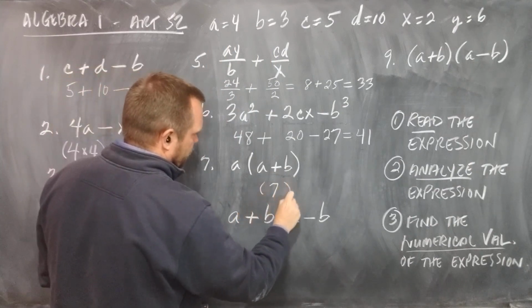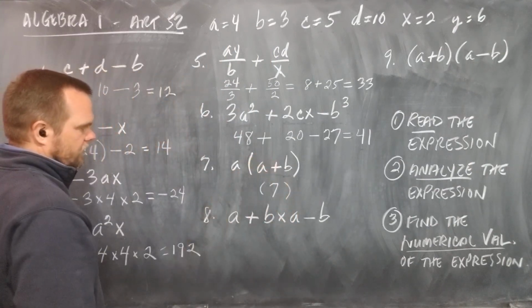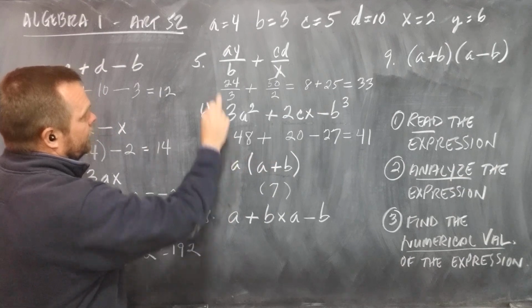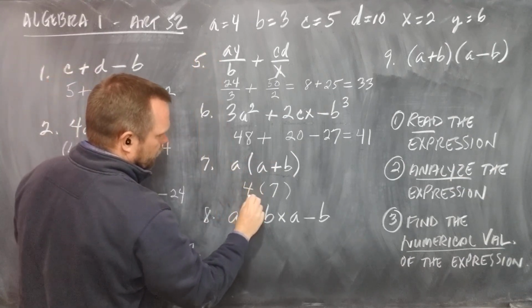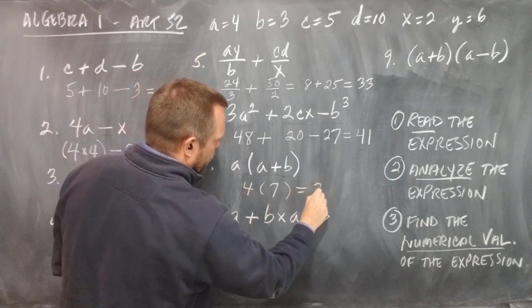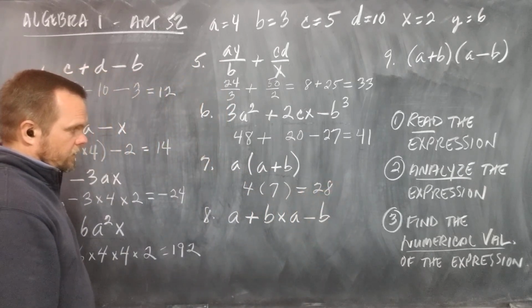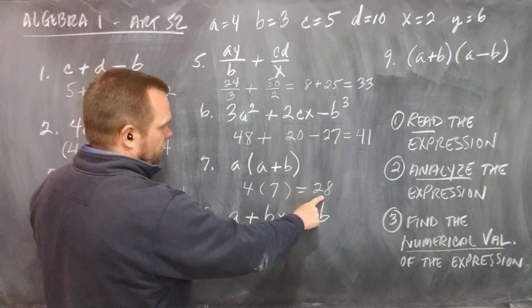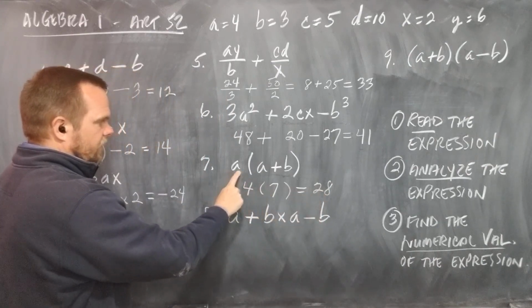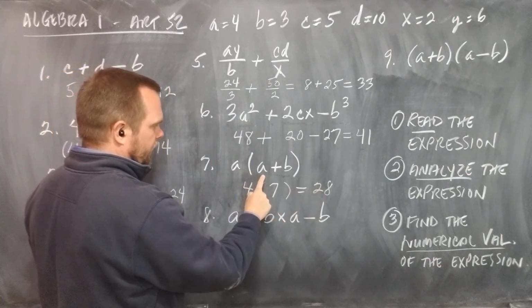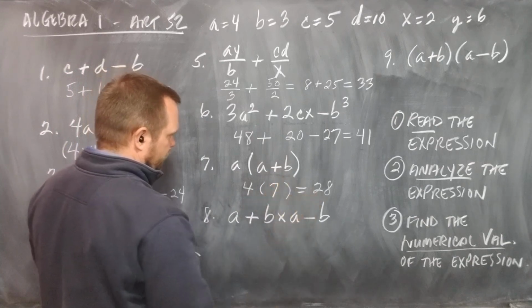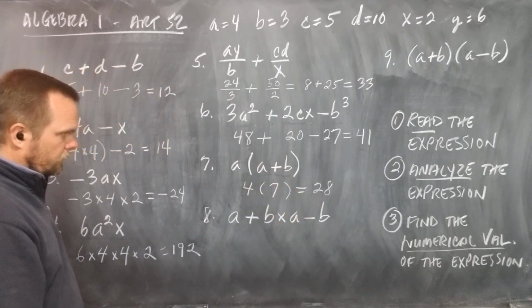And we'll keep that in parentheses just to remember where it came from. We have a is equal to 4. So 4 times 7 is equal to 28. So the numerical value of a times the sum of a plus b is 28. That's number 7.